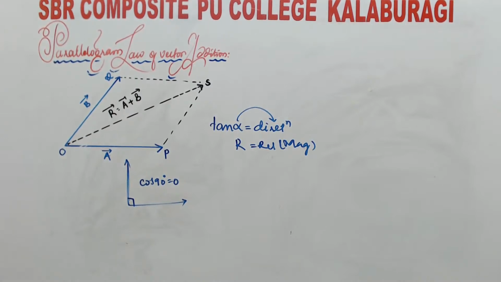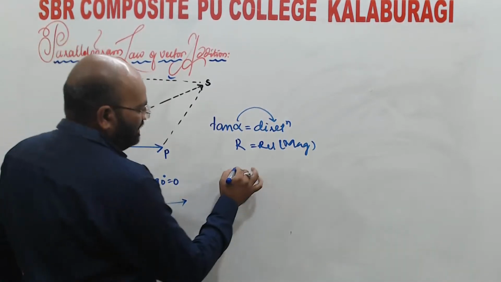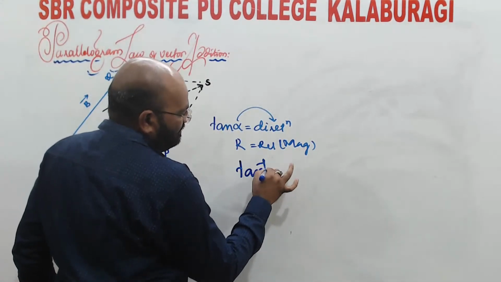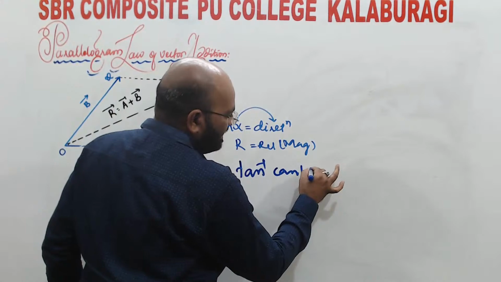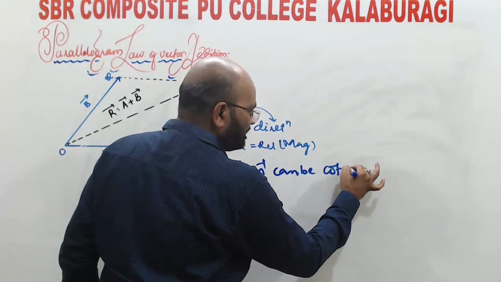Alpha is equal to tan inverse, and tan inverse can be written as cot. Yes, that's all.